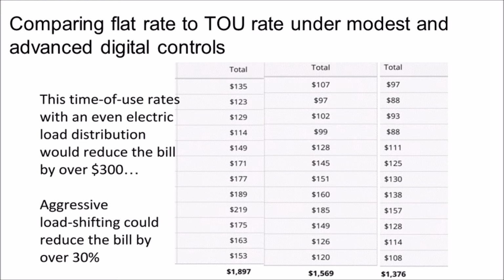So if my peak use is significantly lower than my use in the off-peak time, how much could I save under that scenario, which I would say is the maximum realistic savings without solar or battery to completely eliminate your use during that time.